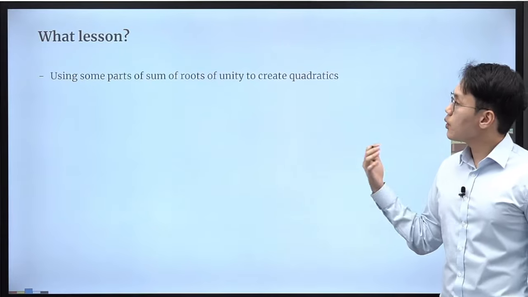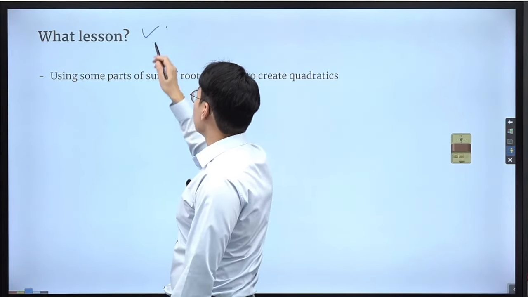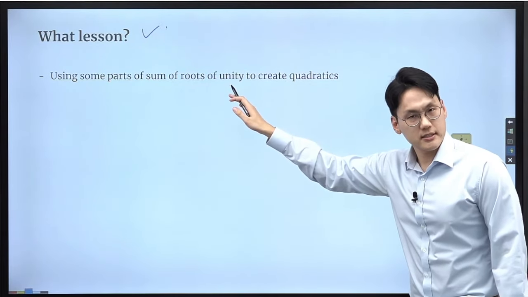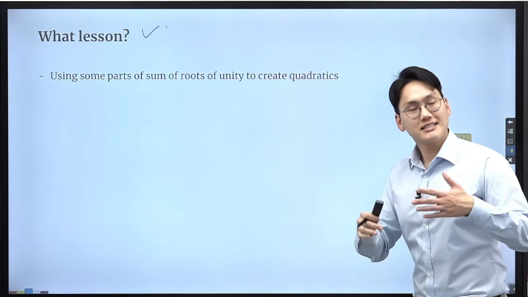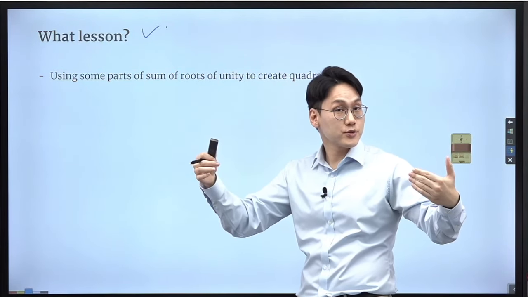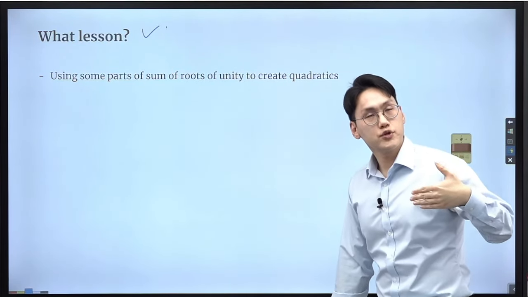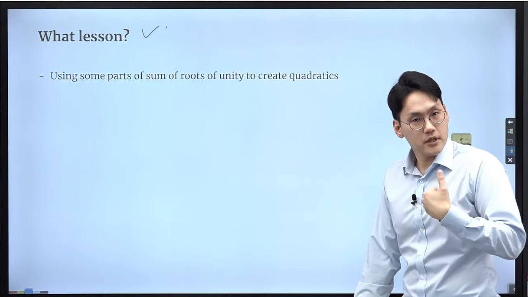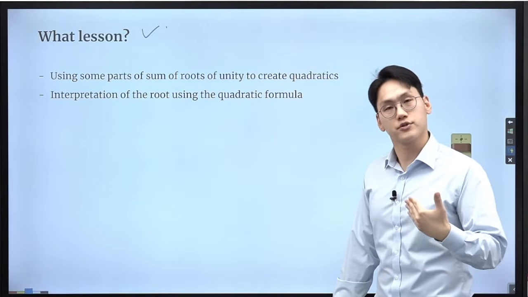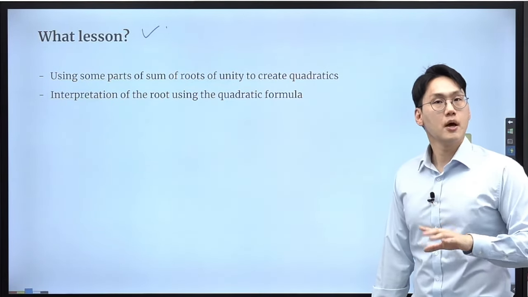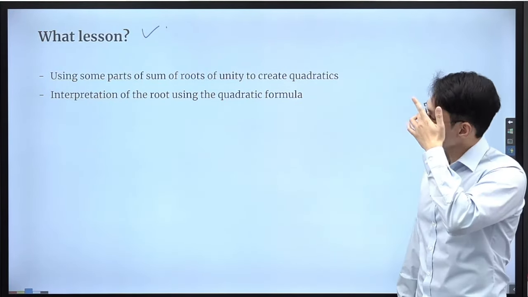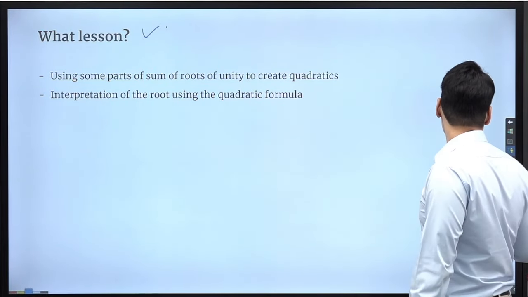But now what we want to talk about is, from this exam question, I believe it was 16 May, I started with the sum of roots of unity of z to the power of 7 equal to 1, and used the sum of roots to build up a quadratic, and then use it as a solution to verify the constructability. The question didn't use it, but if you wanted to work with the 7-gon polynomial, that's how I would have done it, using the lemma that we got for free from Gauss.